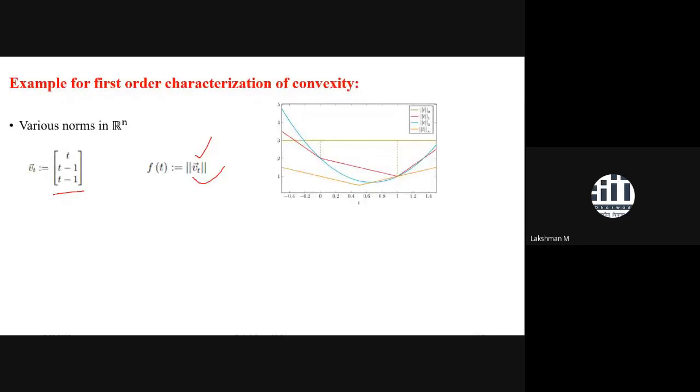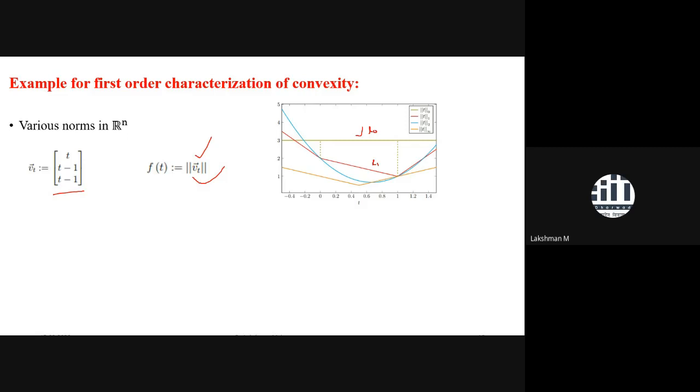This green line, you can observe, is the L0 norm. The L0 norm is a pseudo norm, so it is not a convex norm. It counts the number of non-zero entries. Next, the red line is the L1 norm. The L1 norm is a convex norm. From the graph, you can easily observe that it has a convex epigraph.